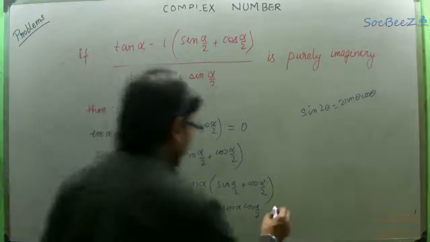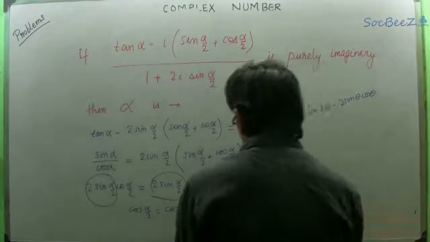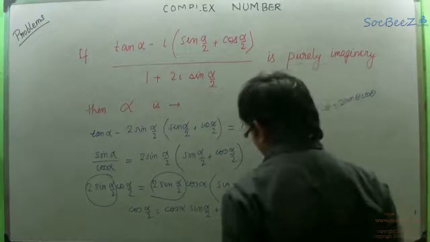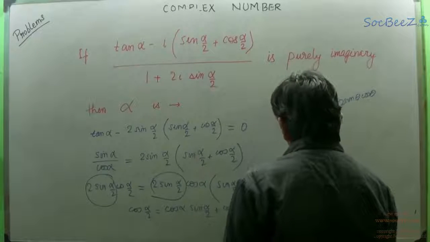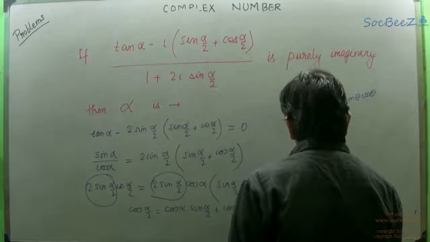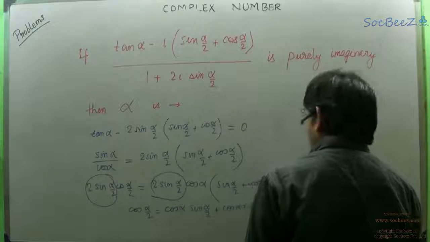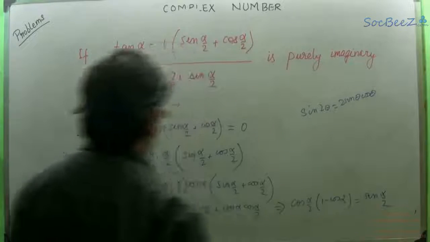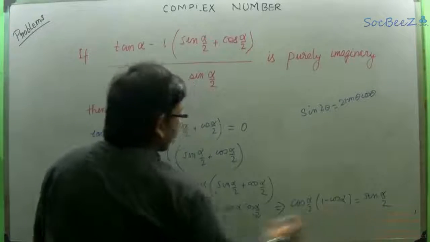So if we take cos alpha by 2 common, taking this to this side, we have cos alpha by 2 into 1 minus cos alpha is equal to cos alpha times sin alpha by 2, right? Okay, so we have this expression now.